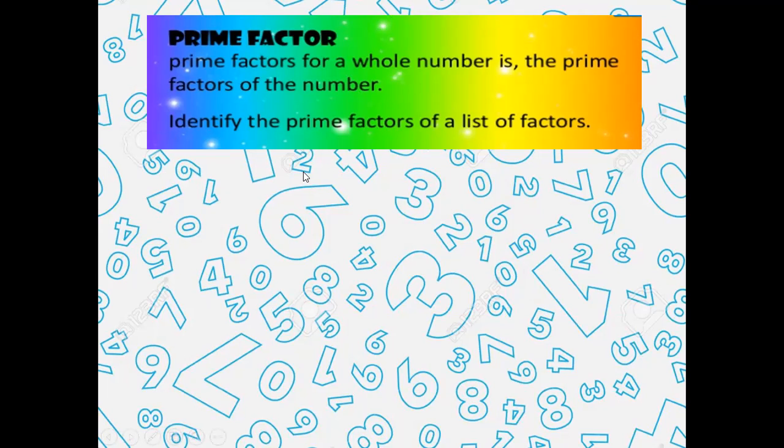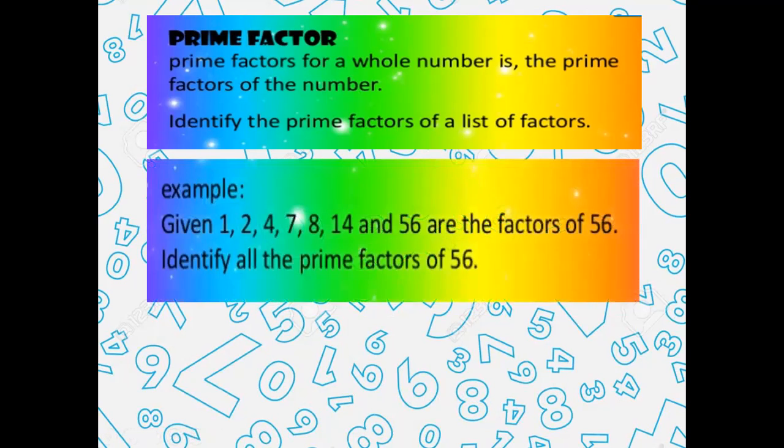So we're going to take the prime factors of a number. Let's identify the prime factors of the list of factors I'm going to show you. Given 1, 2, 4, 7, 8, 14, and 56 are the factors of 56. Okay, identify all prime factors of 56.